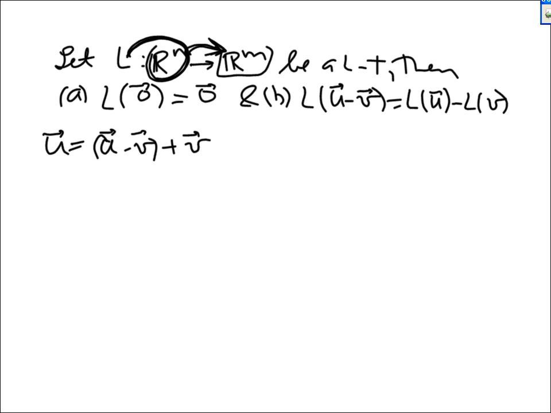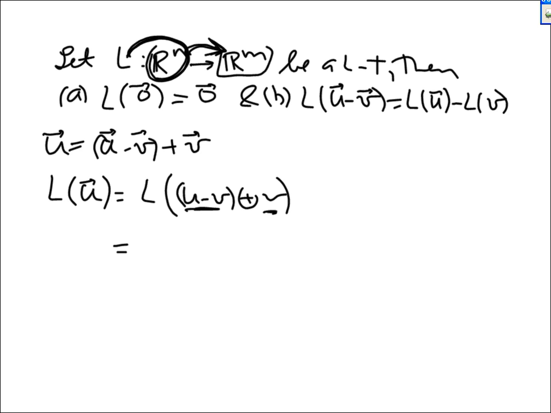So now I take L of both sides. L of u is L of u minus v plus v. It's a sum, so L of a sum is L of u minus v plus L of v.